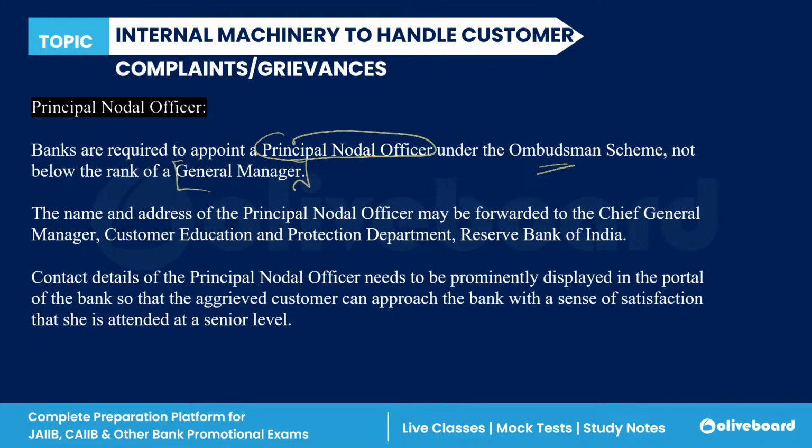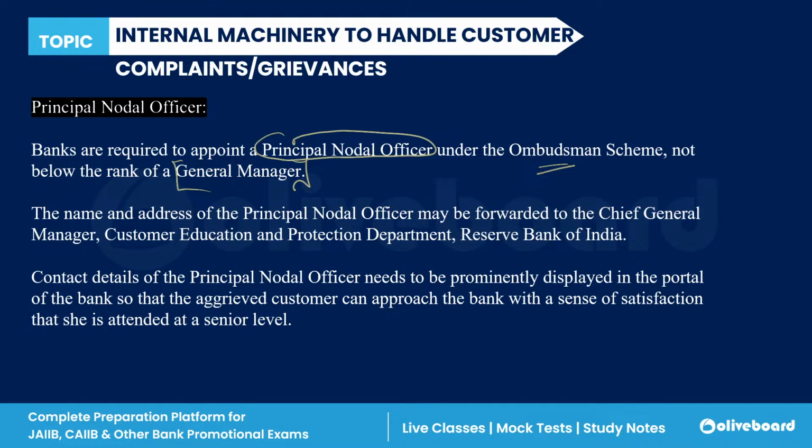So these are the principal nodal officer requirements. The bank is required to appoint a principal nodal officer, equivalent to the post of general manager. The name and address may be forwarded to the Chief General Manager, Customer Education and Protection Department, and RBI.